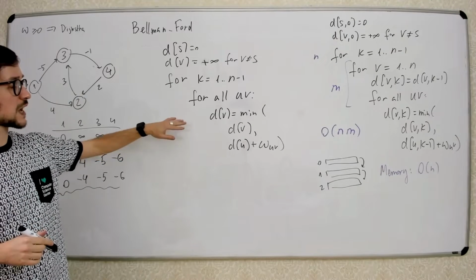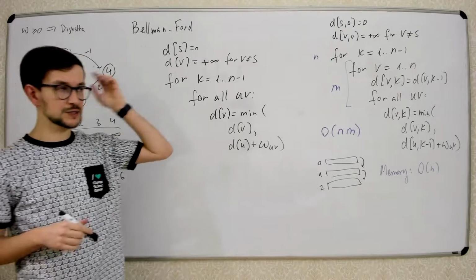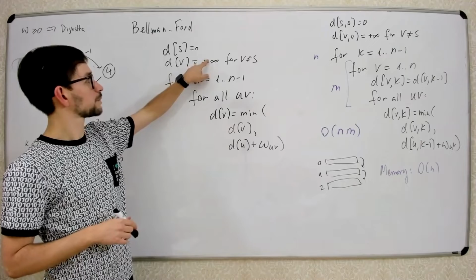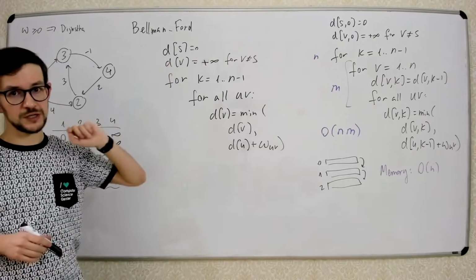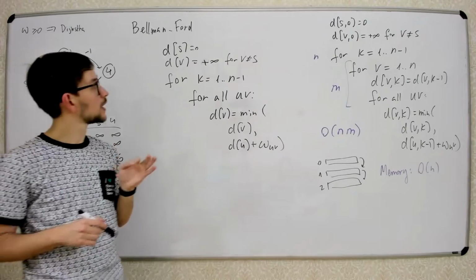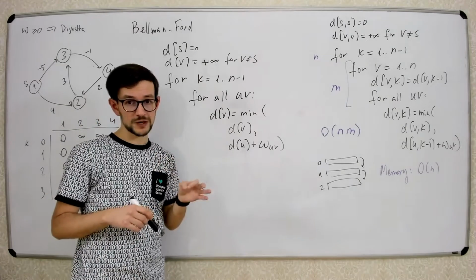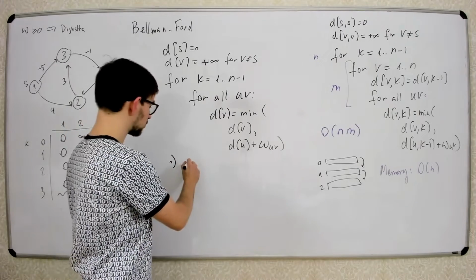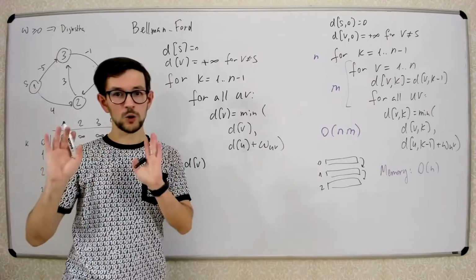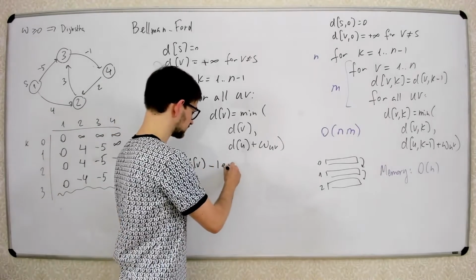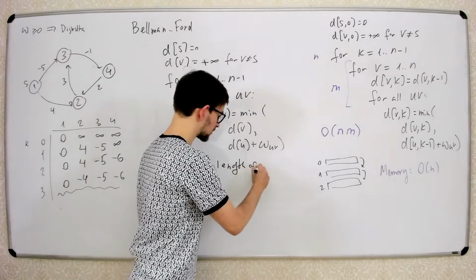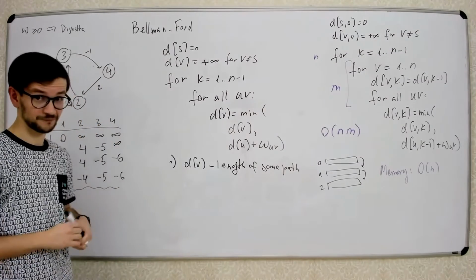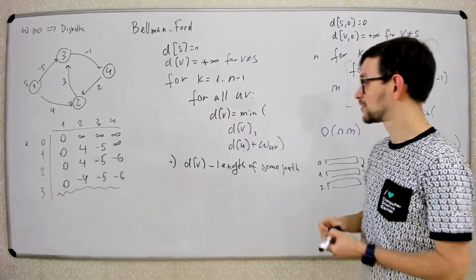Because it uses the same invariant as the previous algorithm, but slightly modified. So what will be the value of d? First observation: the value of d is always the length of some path. Let's prove this.